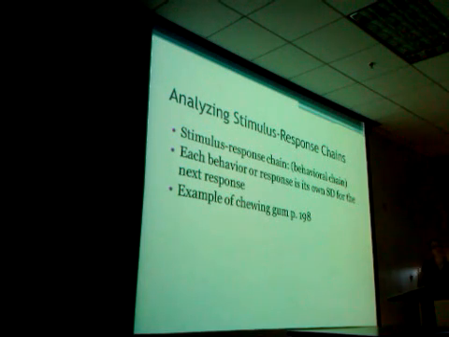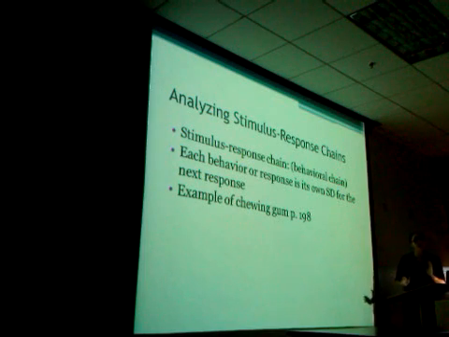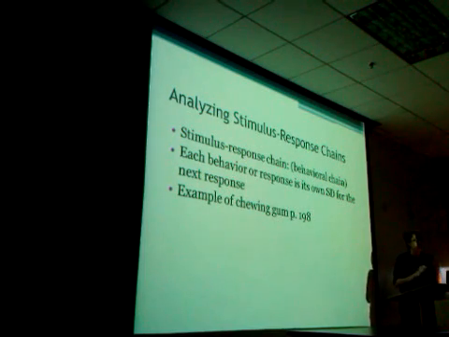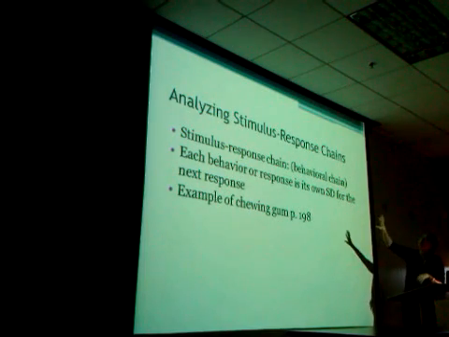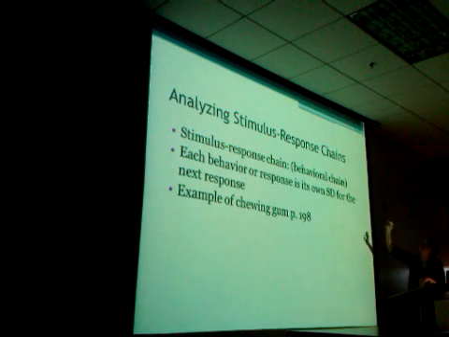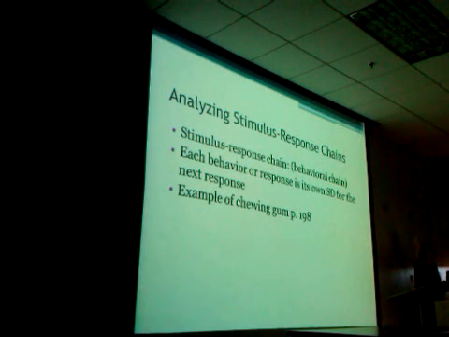What we just did, we listed all of those steps, all of those different responses that we were looking for. We made what's called a stimulus-response chain. This is also known as a task analysis.